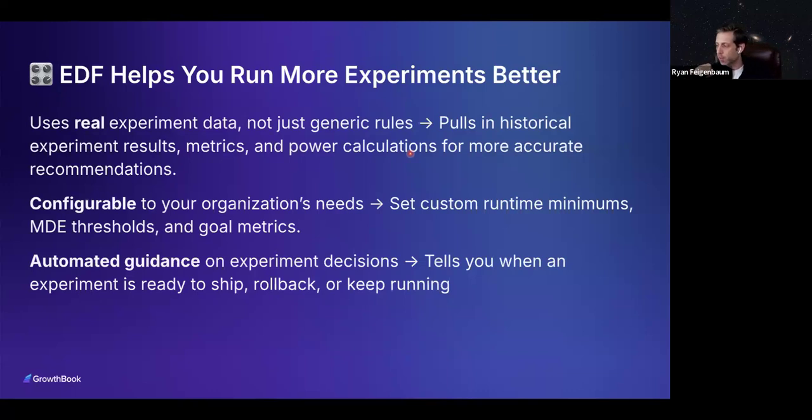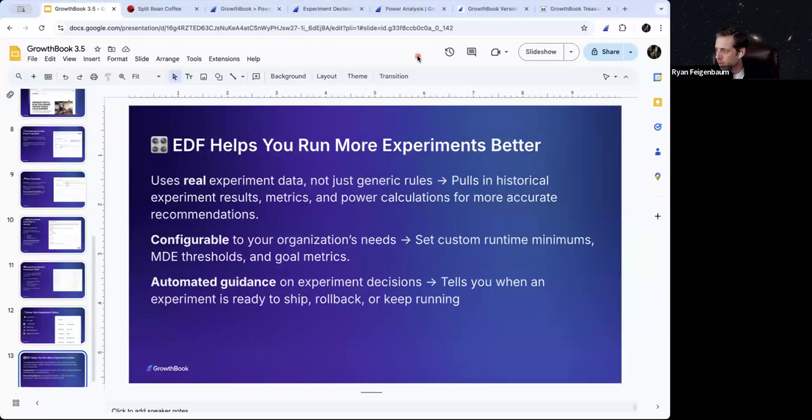So you can set up different runtime minimums, MDE thresholds, all the things that you need to do for your organization. And finally, it's automated, so it happens for you. There's not a whole lot you need to do after you initially set it up, but it provides that guidance automatically.